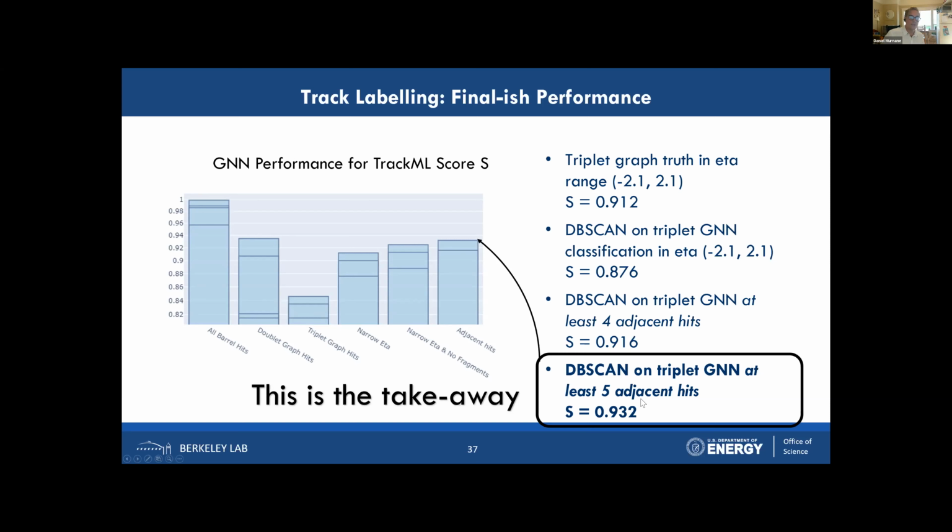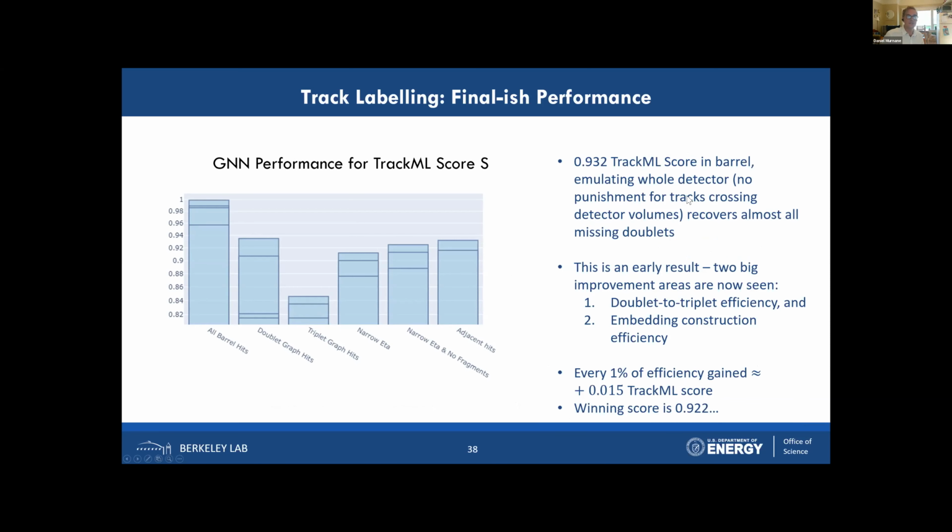But once we switch to our learned embedding, being able to handle non-adjacent hits, we believe we can soften this condition and still get quite a good TrackML score. This is kind of emulating the whole detector, just using the barrel. And again, it's an early result.